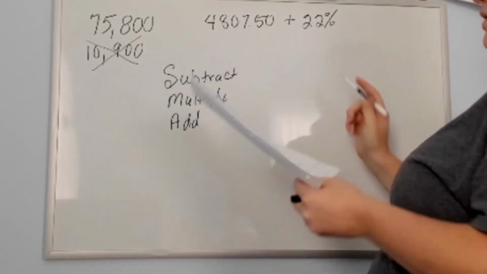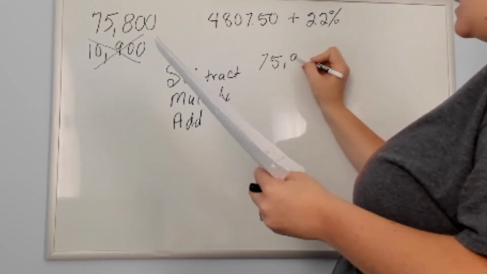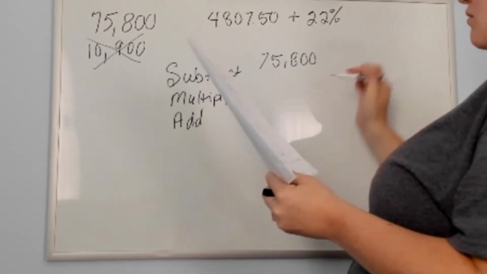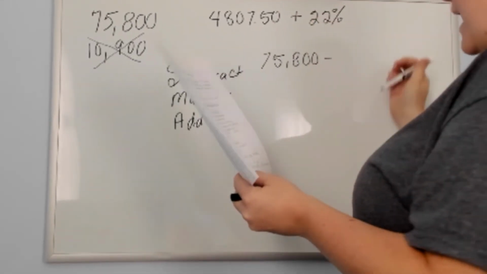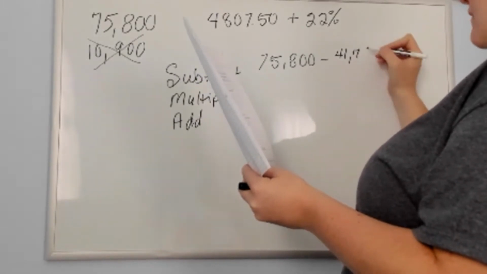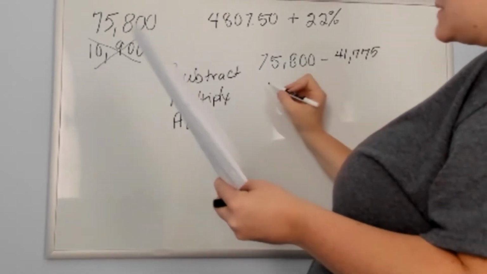Okay, so we're going to have 75,800, and we're going to subtract the bottom of the bracket, so the 41,775.